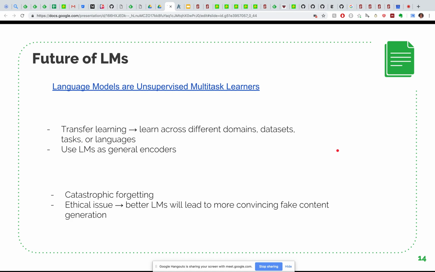So if you have a model which learns on text about sports, for example, you would also like it to perform well on text about politics. You want a model which can perform well over different domains. Right now in the research community, most people rely on a dataset.